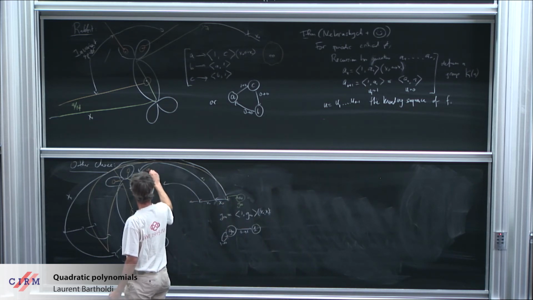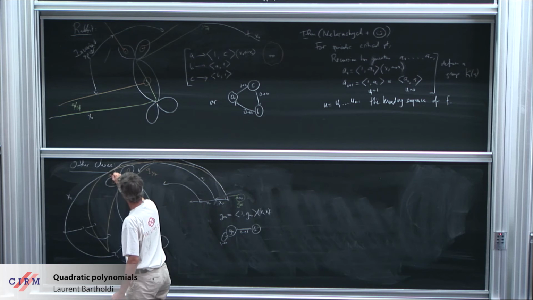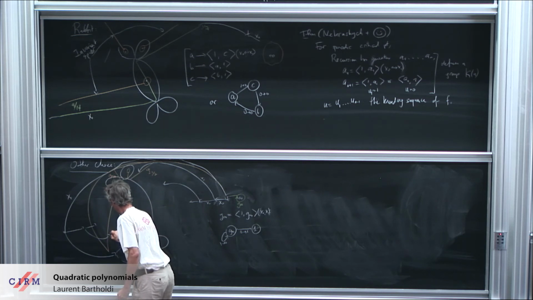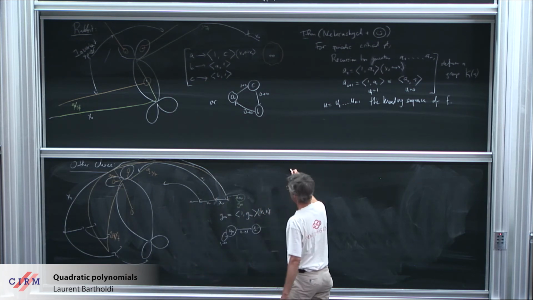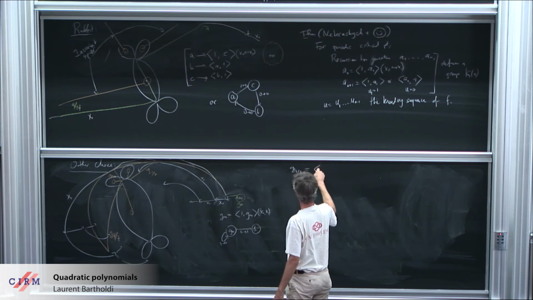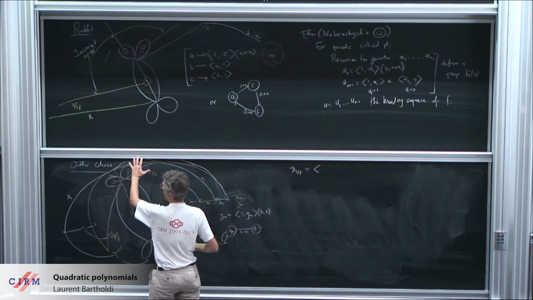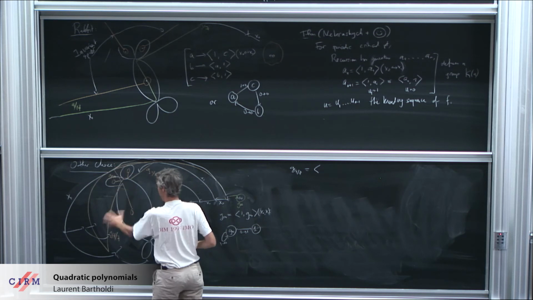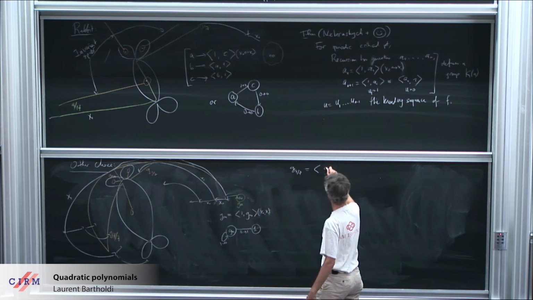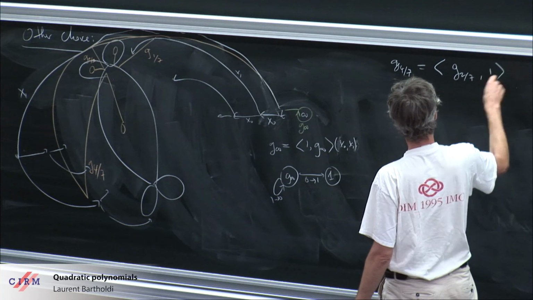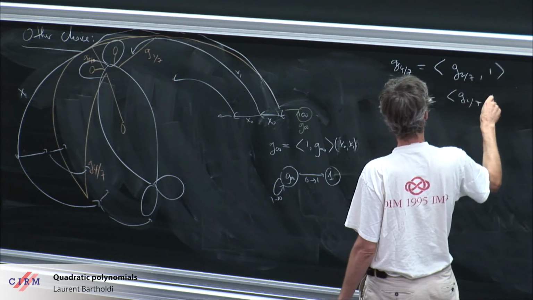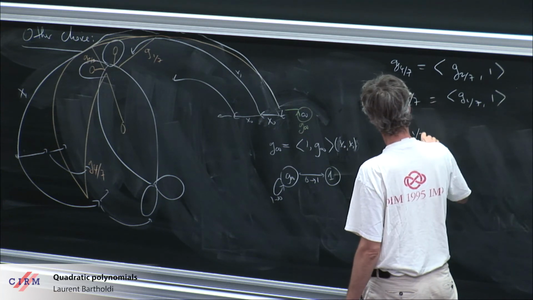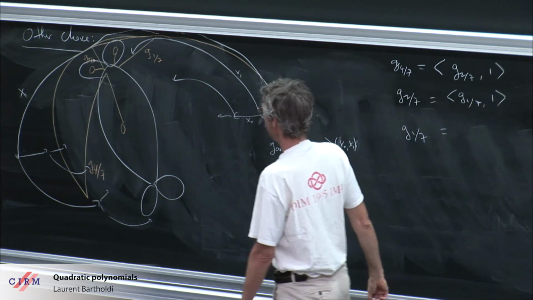So this is 1/7, this is 2/7, and this is 4/7. So G4/7 is easy to write, because one lift will be 2/7, I'm taking a square root, and the other lift will be inexistent. 2/7 is also easy to lift. And finally, the 1/7 is not so easy to lift.